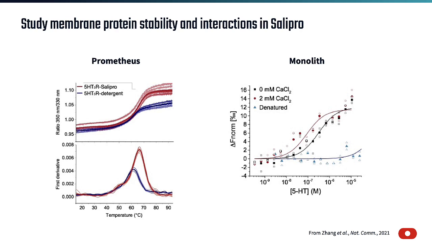You can see in the graph on the left how they've used the Prometheus to show that the receptor is more stable in SALIPRO than in detergent. And they confirmed with cryo-EM that the conformation of the receptor is different in lipids than in detergents. Then the graph on the right shows how they've used the Monolith to confirm that the receptor in SALIPRO model membranes still binds its serotonin.